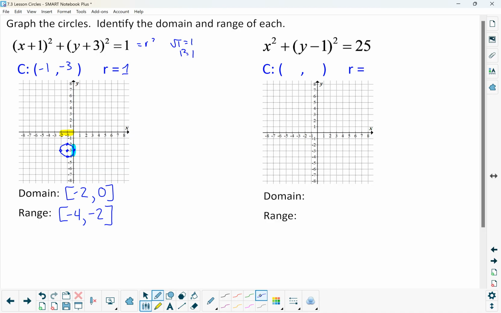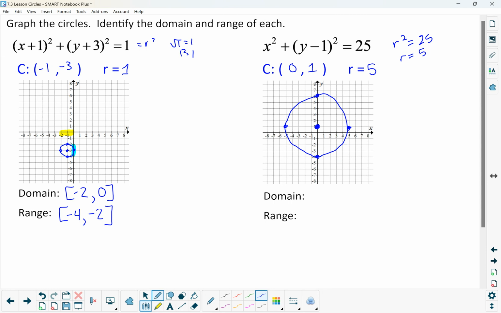Okay, next circle. The center: this x is by itself with that power 2, so that's a 0, and +1. So here's my, that is not the right point. (0, 1) is right here. And our radius squared is 25, so that means our radius is 5. I'm going to count 5 to the right, count up 5, 1, 2, 3, 4, 5, back 5, and down 5 to get my circle.